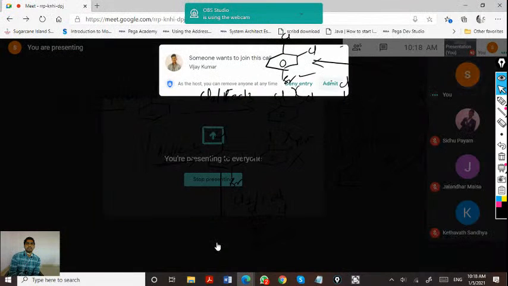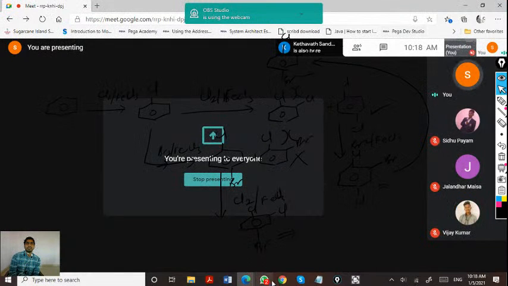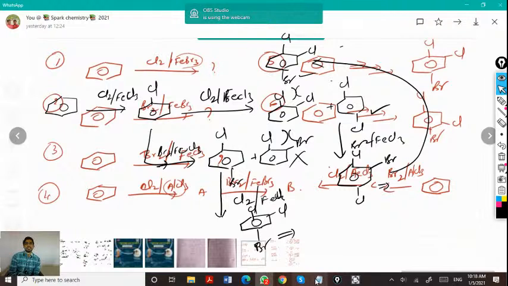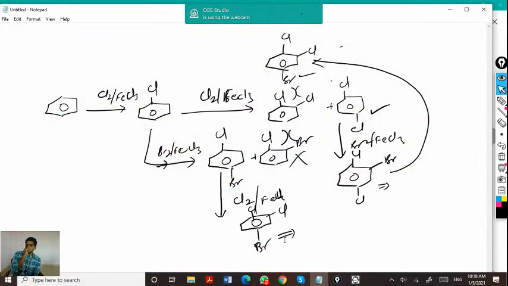The only thing is the sequence of the substitution must be changed. Whenever you want to make the bromine position para to the chlorine, you must take care of this.